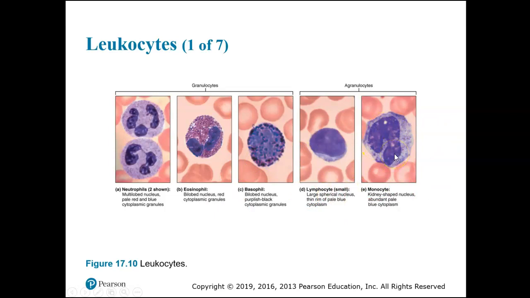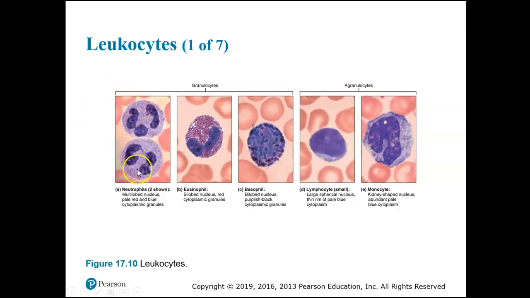And they're going to differentiate into macrophages, which are also phagocytes, but macrophages are slower than the neutrophils. Neutrophils travel a lot faster and they arrive at a site of infection first, usually.